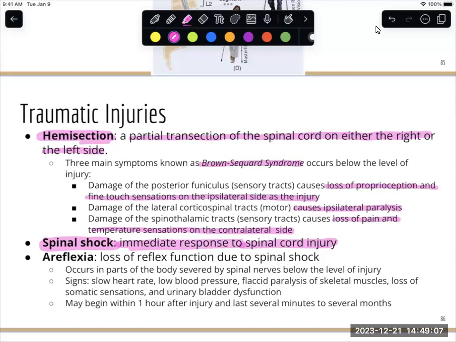It's just one of those shock things, because your body is so overwhelmed with some sort of injury that happened. Areflexia is a loss of reflex function due to spinal shock. This can begin within an hour after the injury, and it can last several minutes to several months.